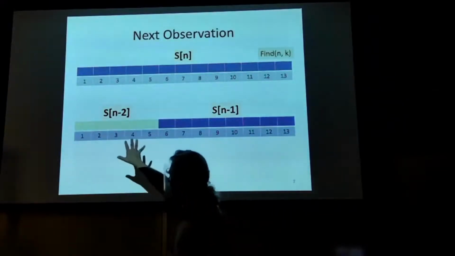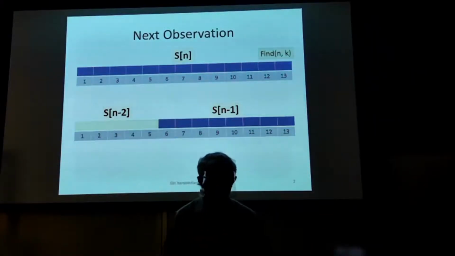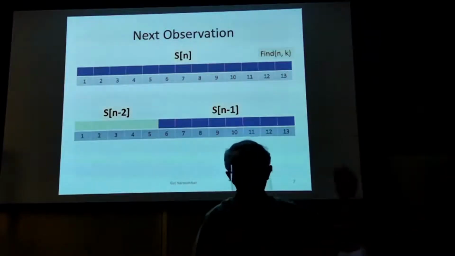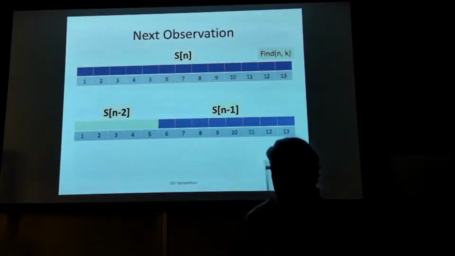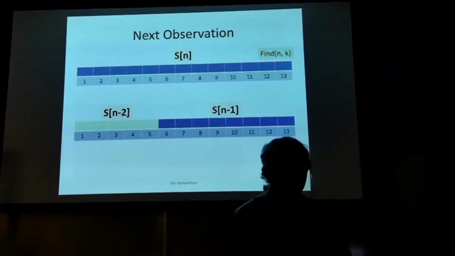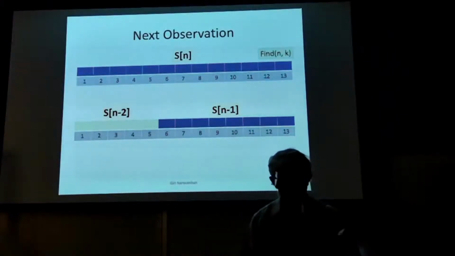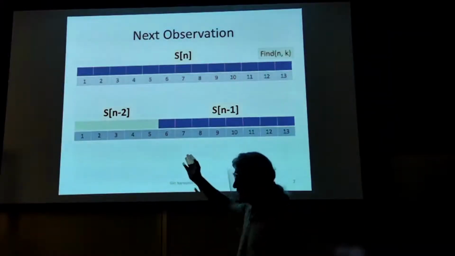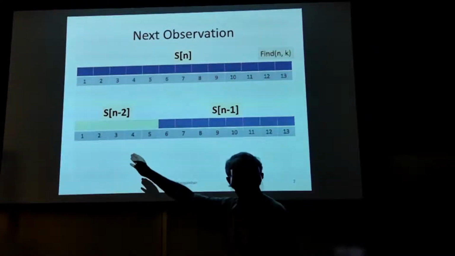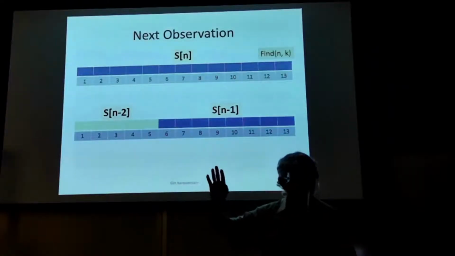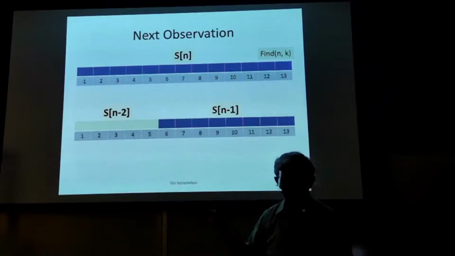And we know the length of this, and we know the length of this, because I have all my Fibonacci numbers. So all I have to figure out, as Ricky pointed out, is whether k falls in that green part or the blue part. How do I do that?